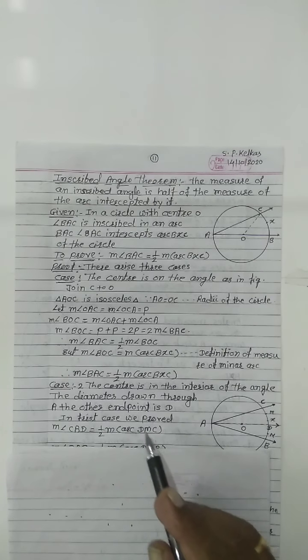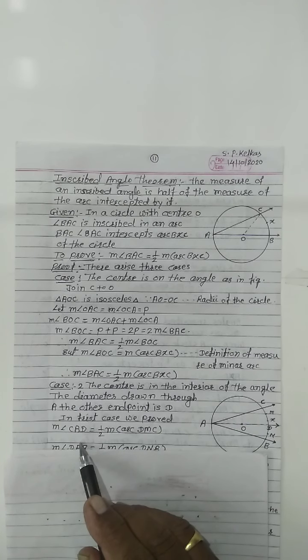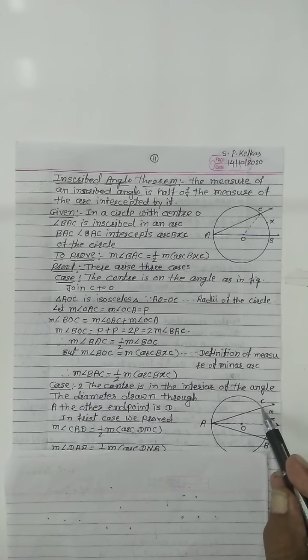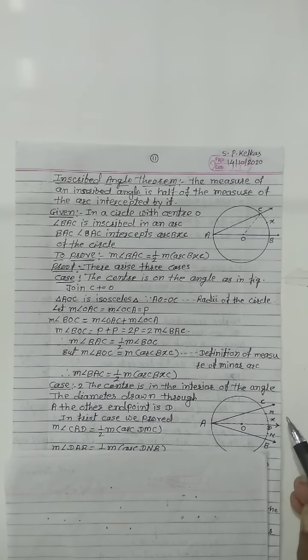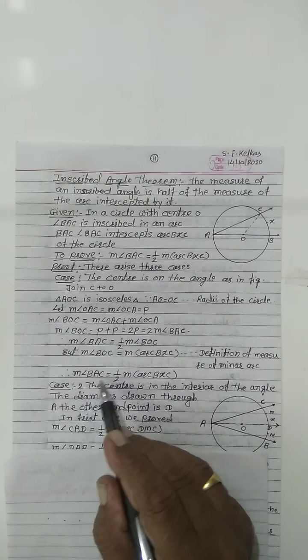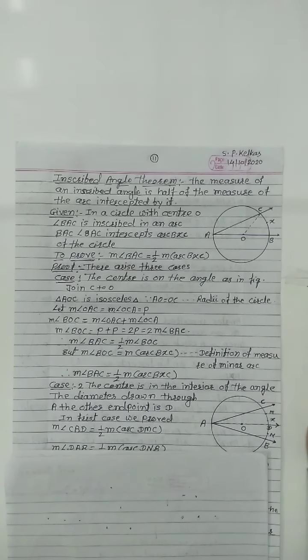In the first case, we proved that for the measure of angle CAD, the center lies on one of the sides of the angle. We proved that the measure of angle BAC equals 1 by 2 the measure of arc BXC.